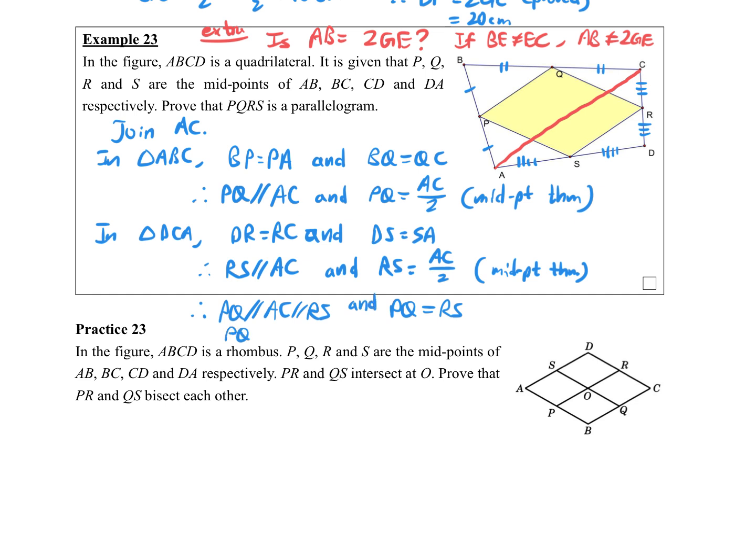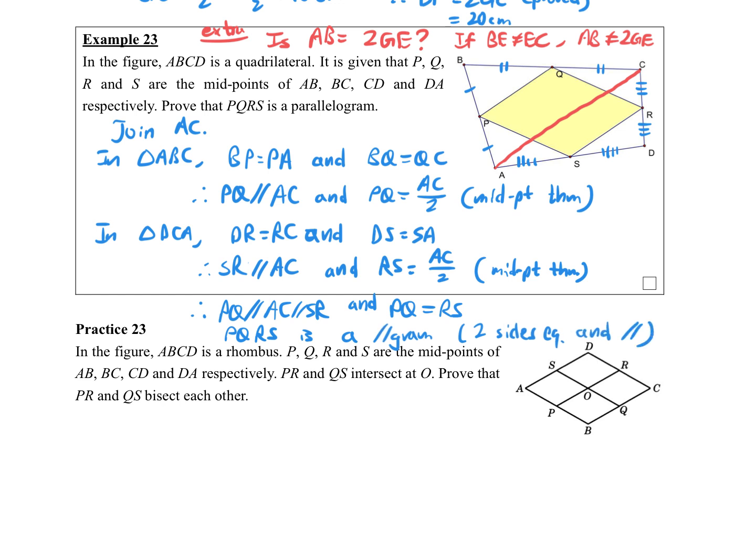Then the natural conclusion is that PQRS is, I want to write this as PQRS, SR, because that's the order. They are parallel. PQRS is a parallelogram by two sides equal and parallel.